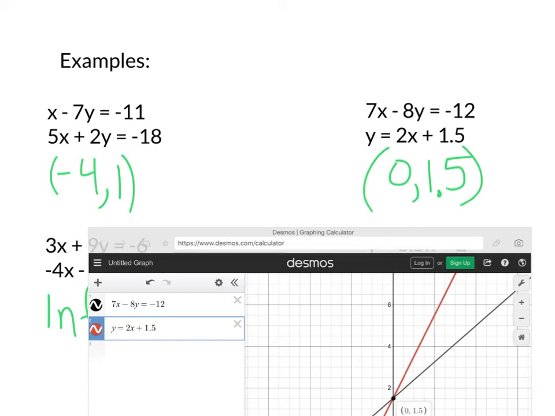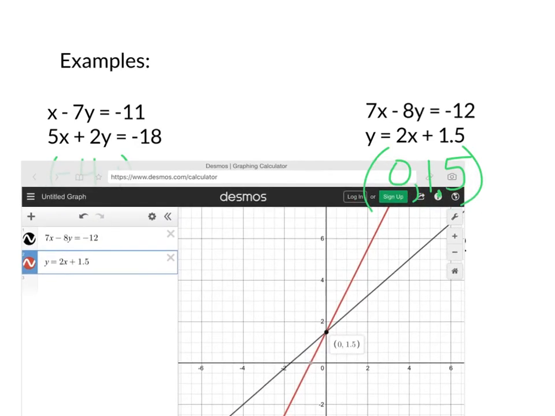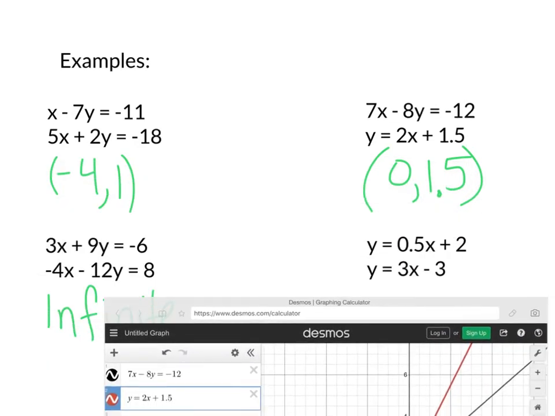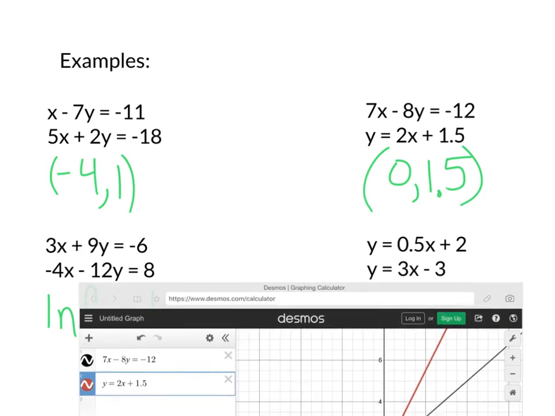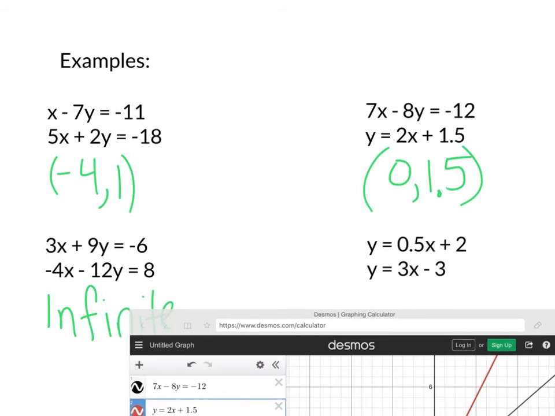All right, let's let y'all try the last one. Take a second, try that last one, and then you can check and see if you are correct. And notice that all the formats are different. Like our first couple that we worked, the x and the y were both on the same side. The last one we worked, one of them had x and y on the same side, and one had just y by itself.